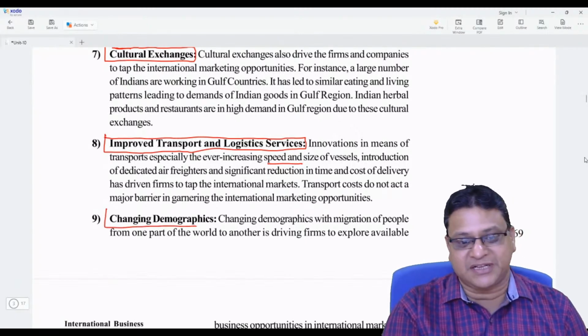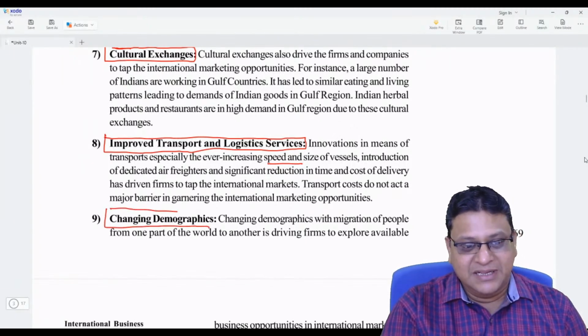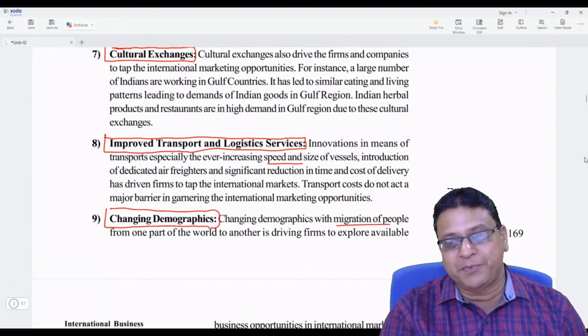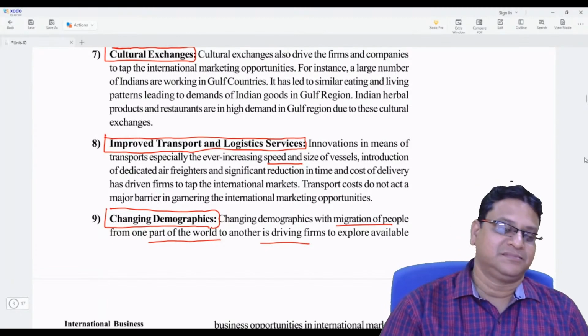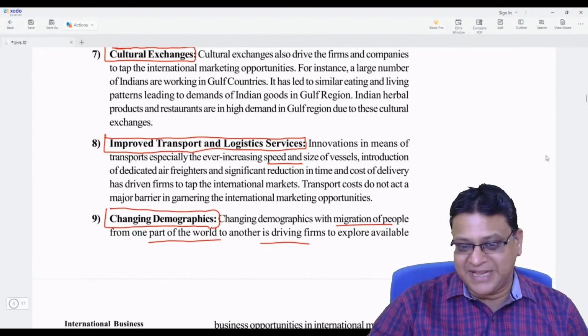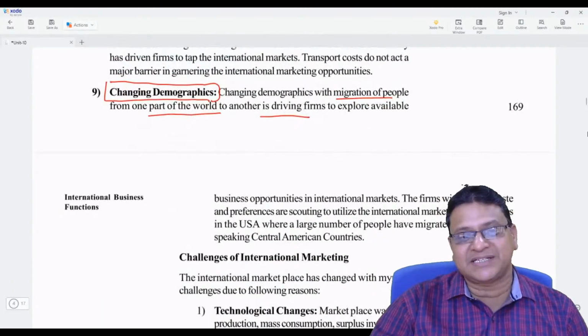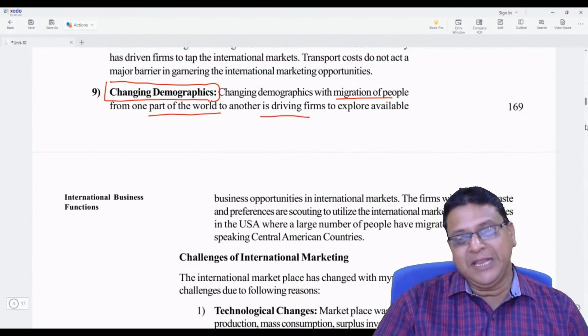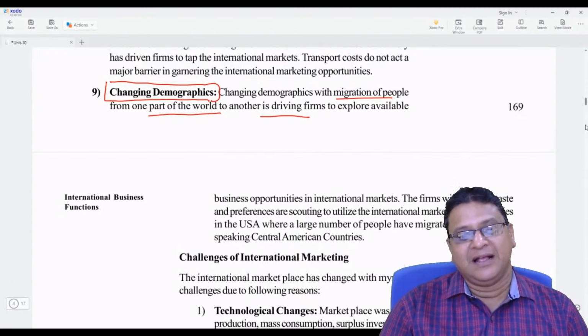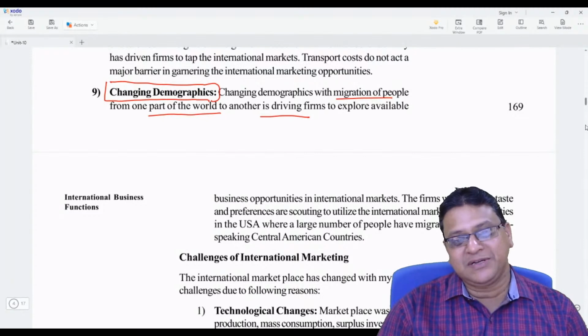Changing demography. Nowadays, there is migration of people from one part of the world to another. As a result of migration, cultural change occurs in those markets. Many people from India and China have gone to the USA and settled there.